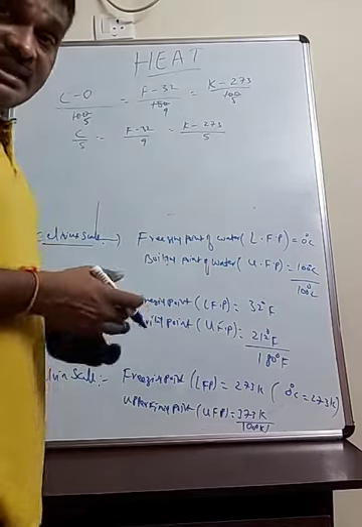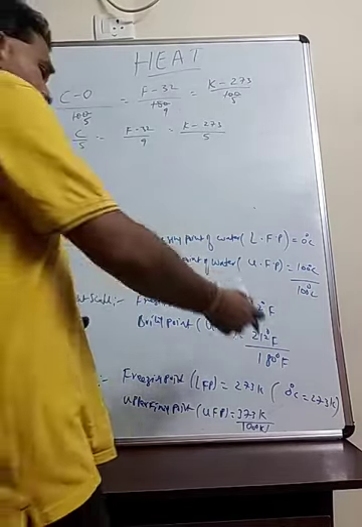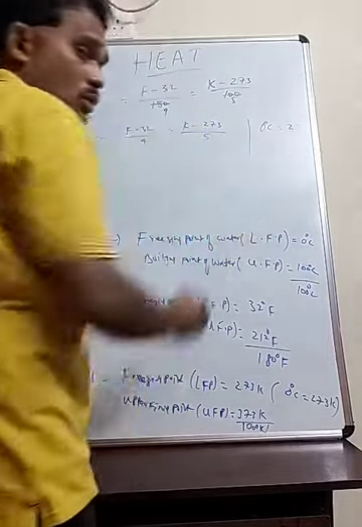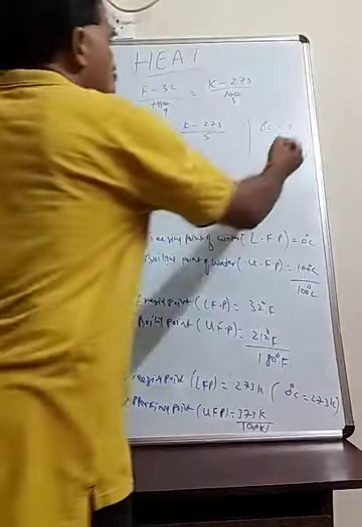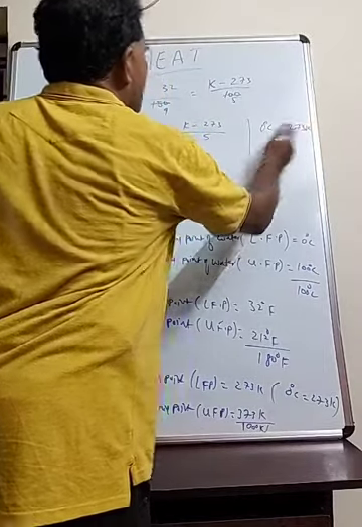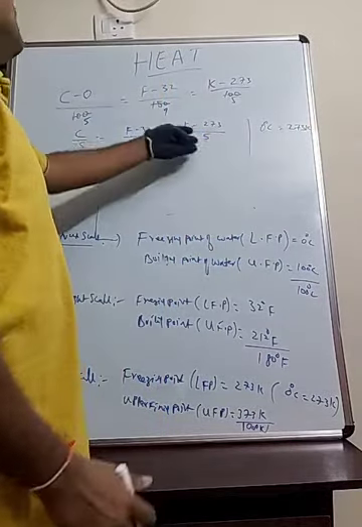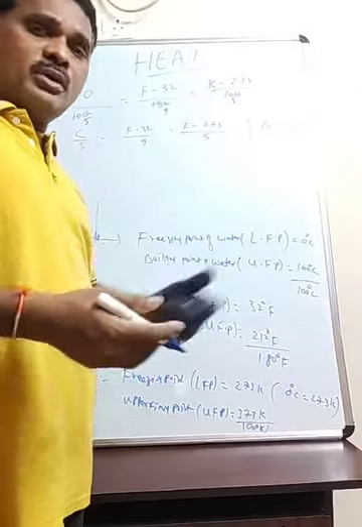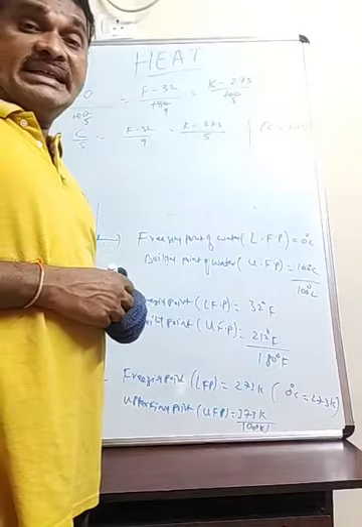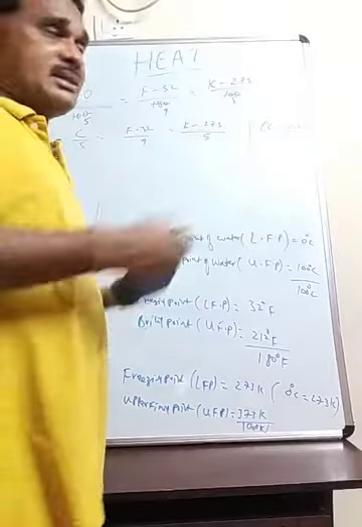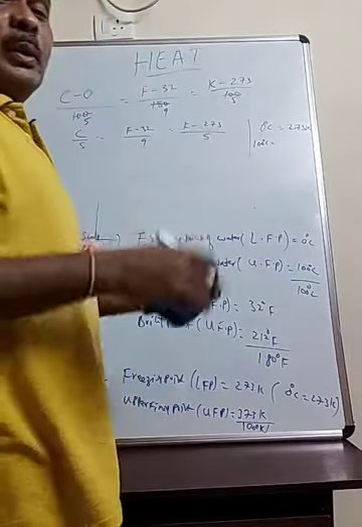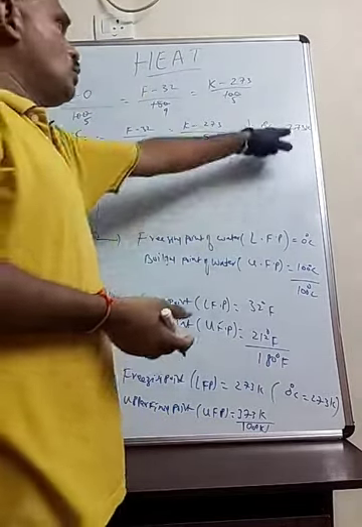In this way we can relate the 3 scales. We already knew that 0 degree centigrade is equal to 273 kelvins. We need not do all these things. If you know 0 degree centigrade is 273 kelvins, and suppose you are asked what is 100 degrees centigrade in kelvins, you need to add 100 to 273.